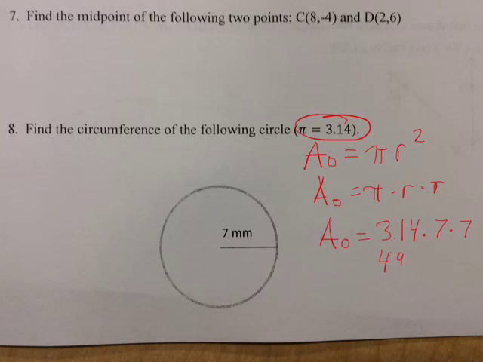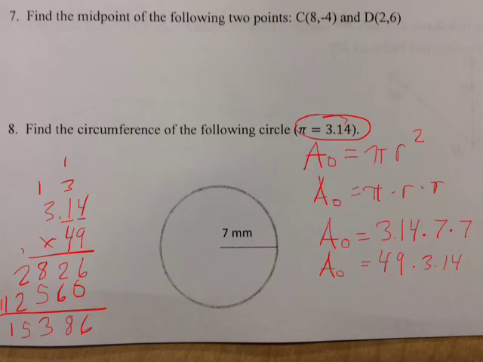So this becomes 49 times 3.14 equals the area of a circle. So now with the decimal spots, move it over twice. And after you multiply it, you'll find your answer is 153.86.